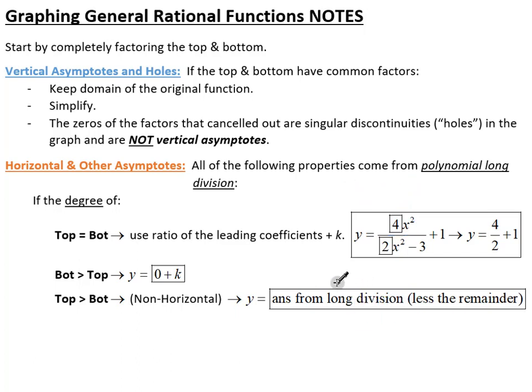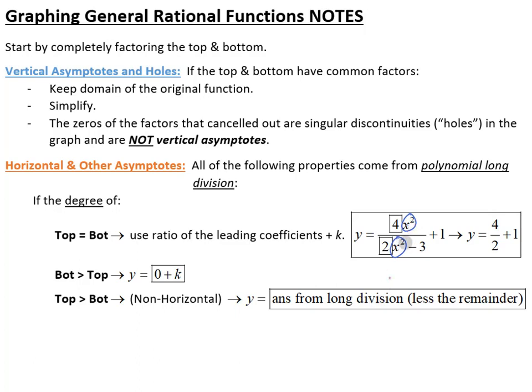Okay, so we're going to look at the degree of the polynomial in the top and bottom. Usually it's okay to look at the original, the unfactored one, because it's easier to see their degrees. If the top and bottom have the same degree, now this is again just a shortcut to long division, you can use the ratio. So what I mean by degree, of course, is that the highest power of x, or degree of x, is the same in the top and bottom.